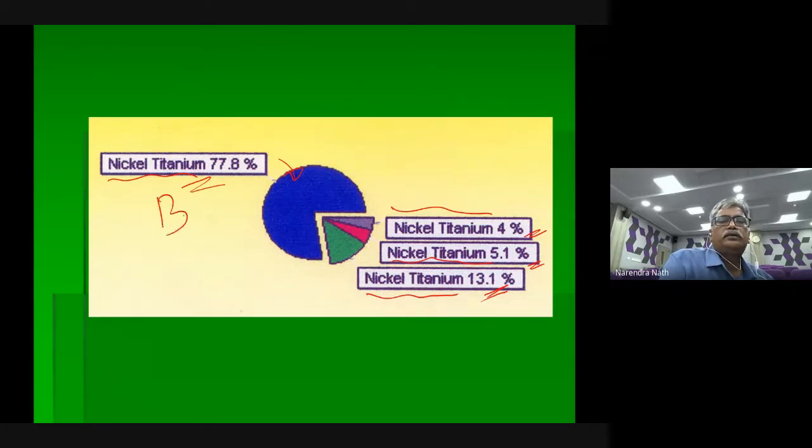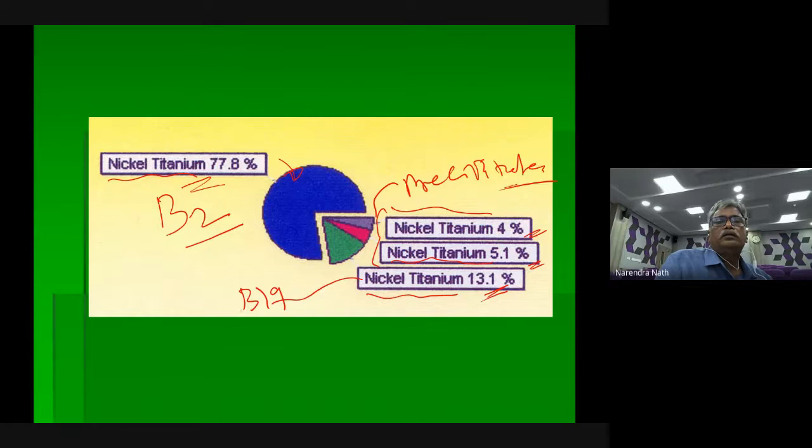This is B2, the high intensity peak, and this is your B19. These are precipitates. The peak refers to this phase. Otherwise everything looks like nickel titanium and it won't tell which phase, so you have to refer back, see the intensity of the peaks, and talk.